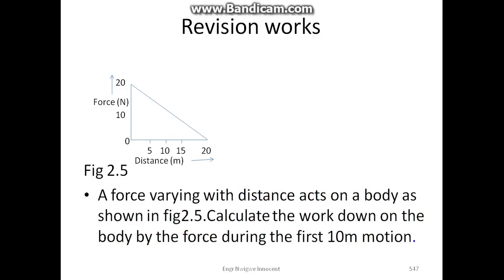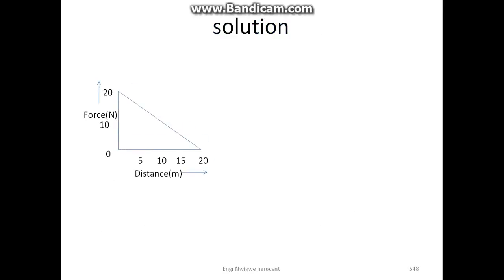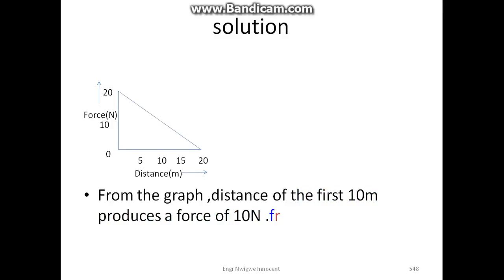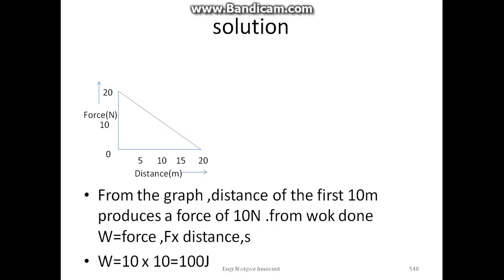Calculate the work done on the body by the force during the first 10 meters motion. Solution. From the graph, the first 10 meters produce a force of 10 Newton. From work done, W is equal to force F times distance S. Work done is equal to 10 times 10, which is 100 joules.